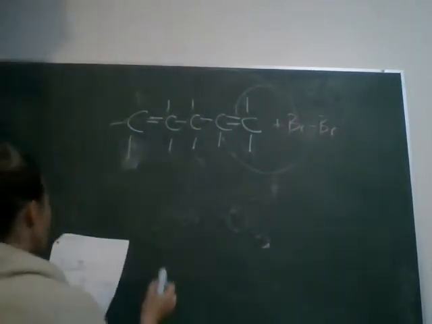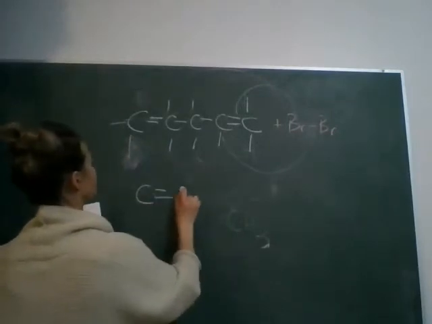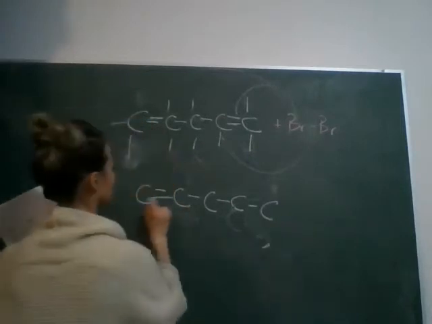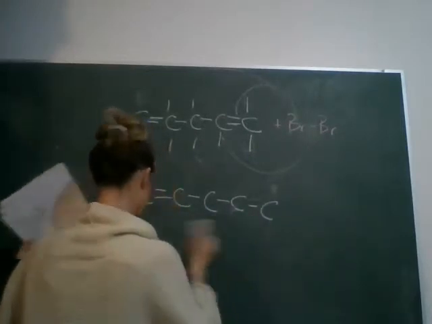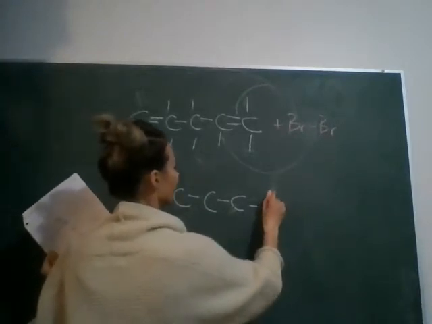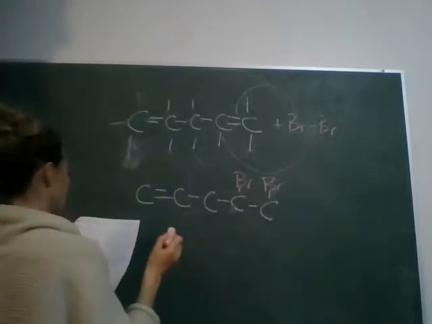So your first compound that you get is, so 1, 2, 3, 4, 5. Okay, and then you're going to get the 1 bromine added here and the 1 bromine added here.